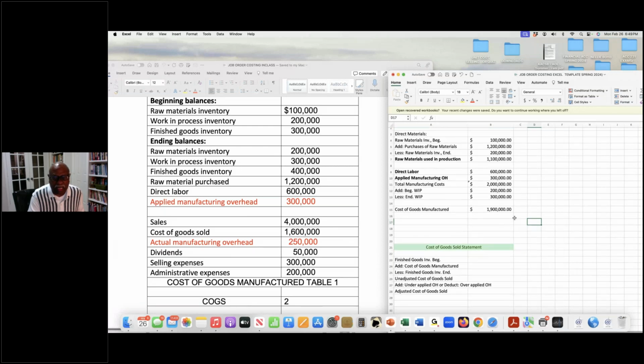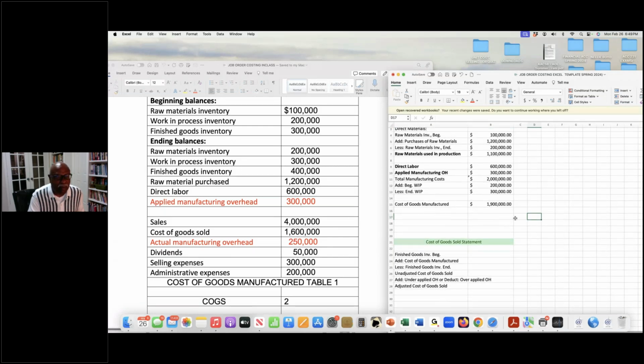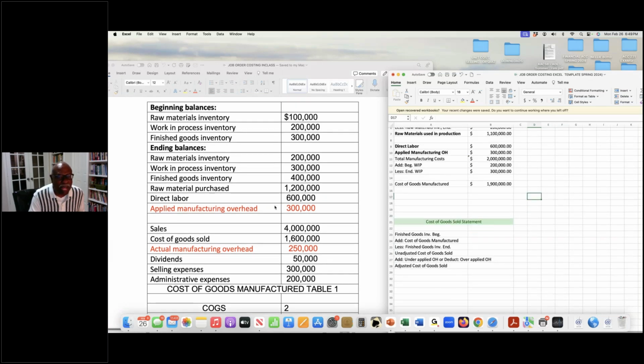Then we have to get cost of goods sold. Now, if we have beginning finished goods inventory, we add that. We're going to put in the 300,000. Then we're going to have the cost of goods manufactured.